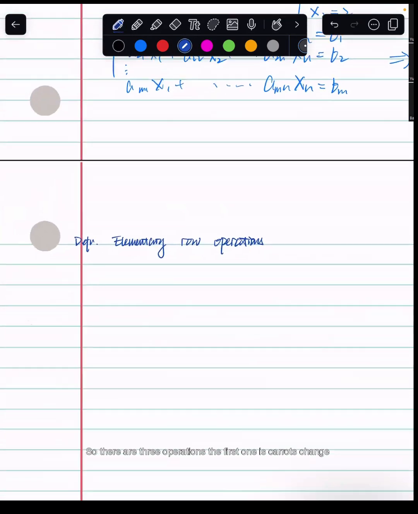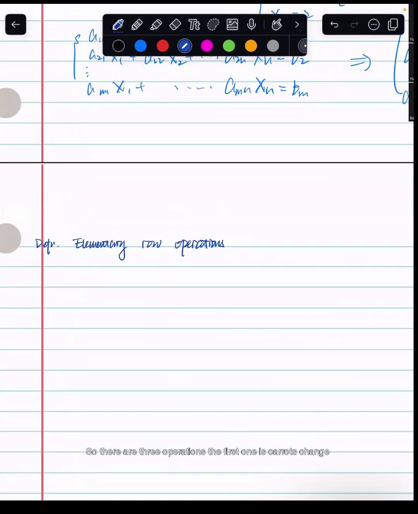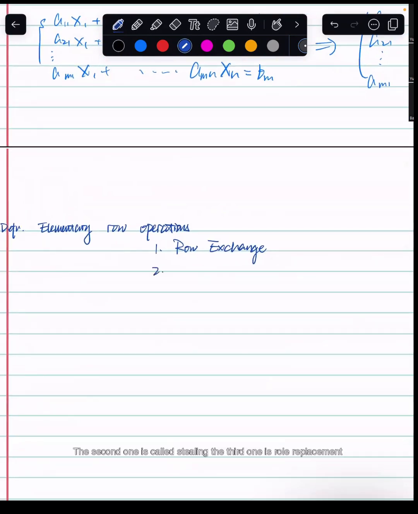There are three operations. The first one is called row exchange. The second one is called scaling. The third one is row replacement.